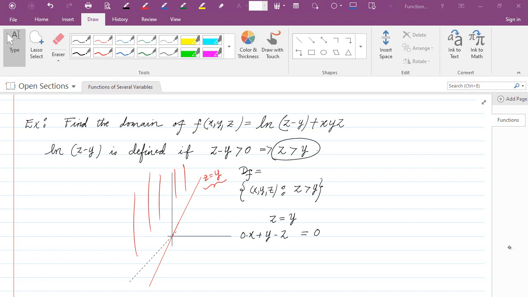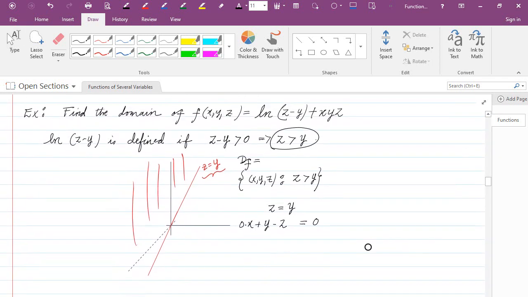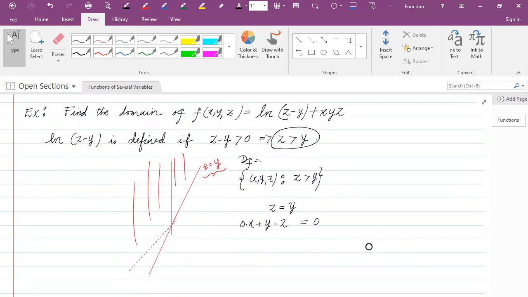Now in terms of visualizing this domain, imagine if you draw the graph of z is equal to y in the yz plane, then the points above this line will satisfy this inequality, right?